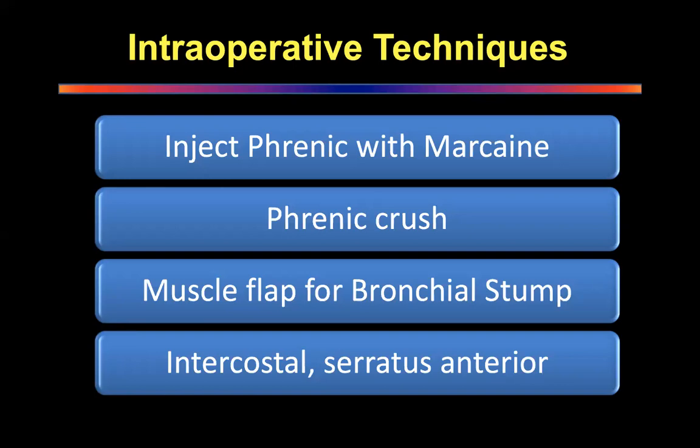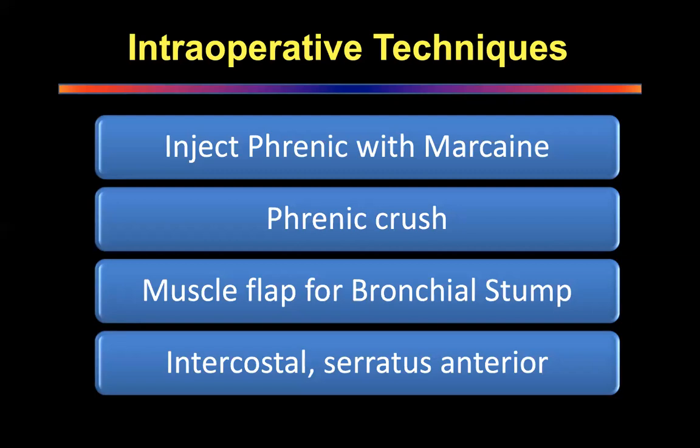If you're going to do it by open thoracotomy, then you do have an option of the serratus to be used as a muscle flap. A lot of people who do sleeve resections, I know Sai for one, whenever he does his sleeve resection by open technique, he will actually harvest the serratus first.